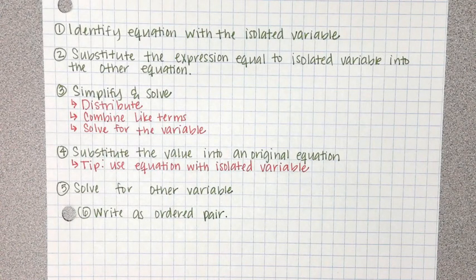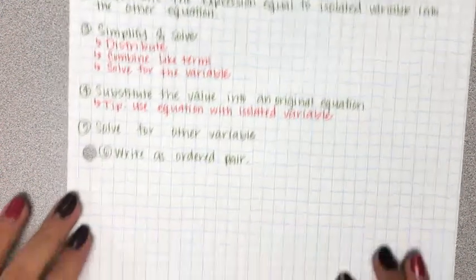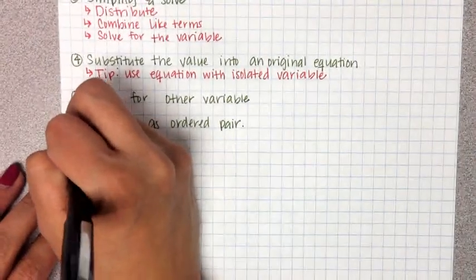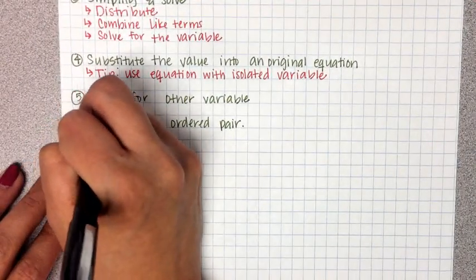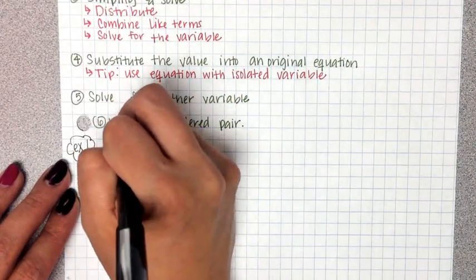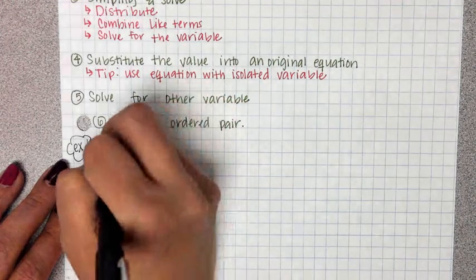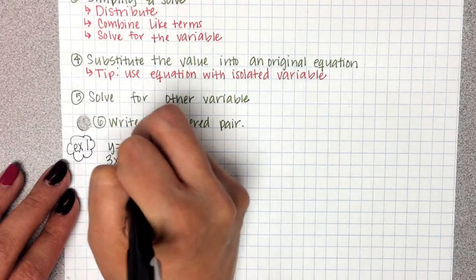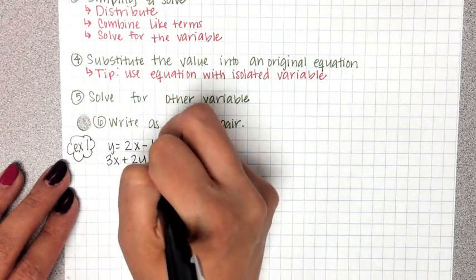So let's move on to a couple examples so you see and get a gist of how to do it correctly. I want to get a different color. And do our examples in black. So example 1. You have the system y equals 2x minus 1, and then 3x plus 2y equals 26, sorry.